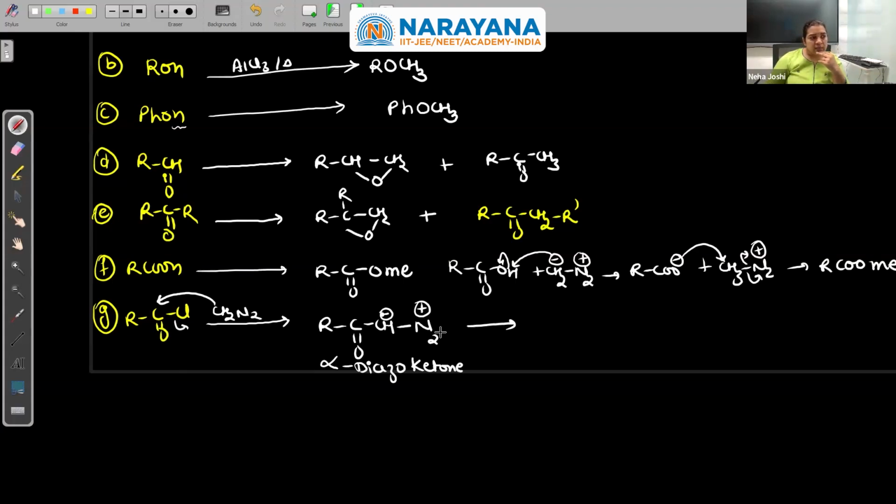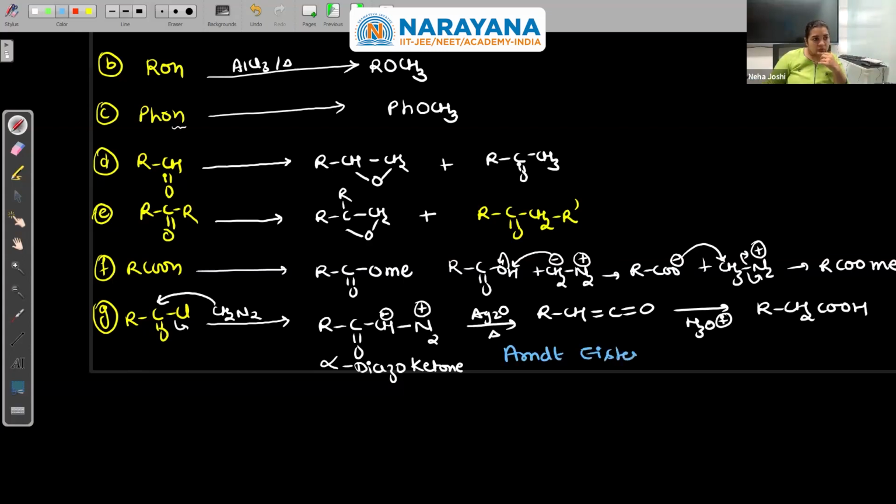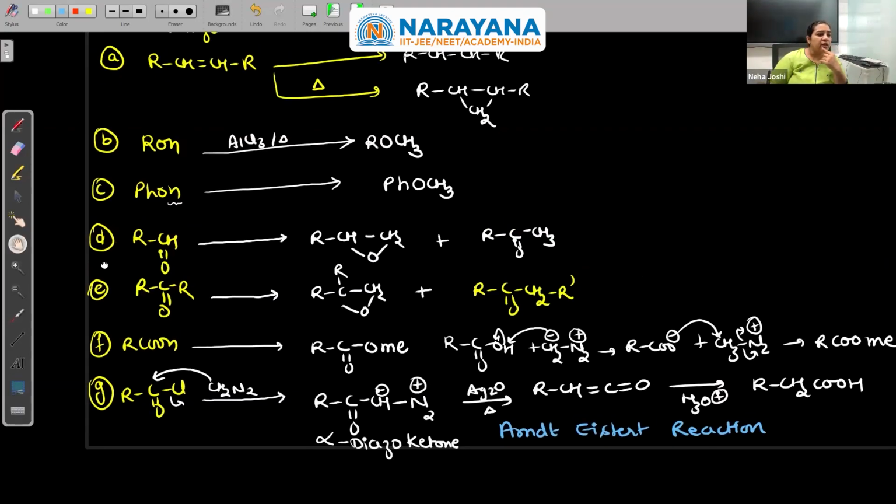When you heat alpha diazoketone with Ag2O, you get RCH double bond C double bond O. When you do hydrolysis, you have a one-step-up carboxylic acid. So here it is the Arndt-Eistert reaction. Again, you have seen the same reagent doing different types of reactions for different starting materials.